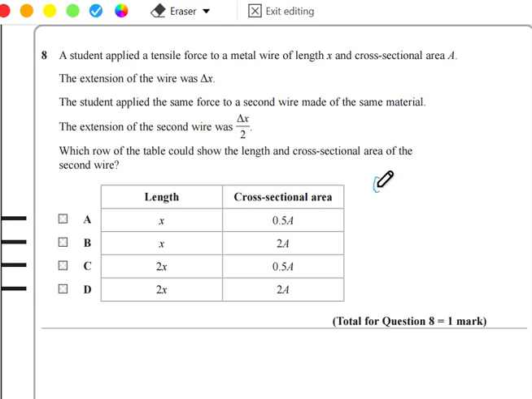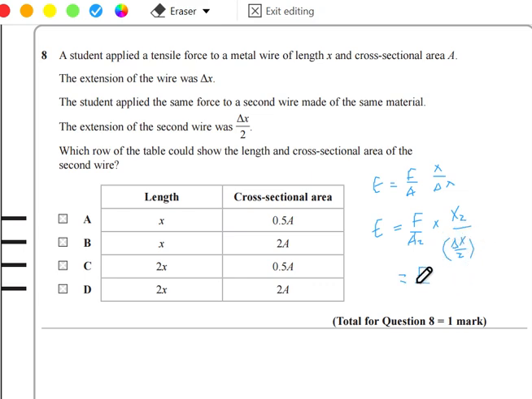So we know that E equals F over A times x over delta x. For the same E in the second case, F over A2 times the new length over the new extension.